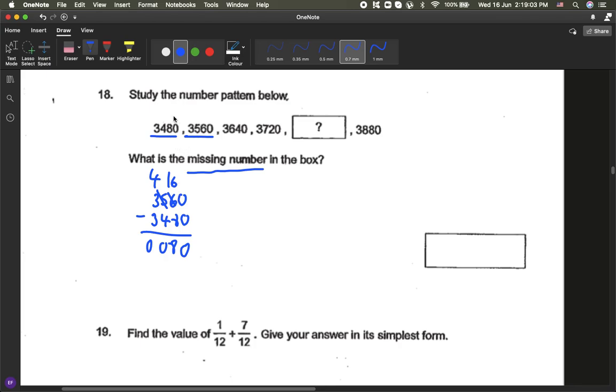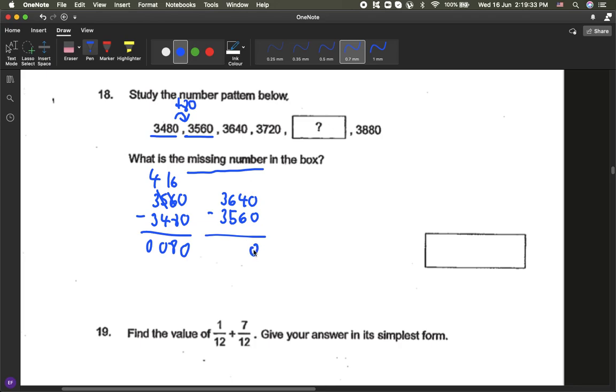So that means to get from 3,480 to 3,560, we need to add 80. But what about 3,640? Would there be a pattern? Let's check. 3,640 minus the number before that, which is 3,560.